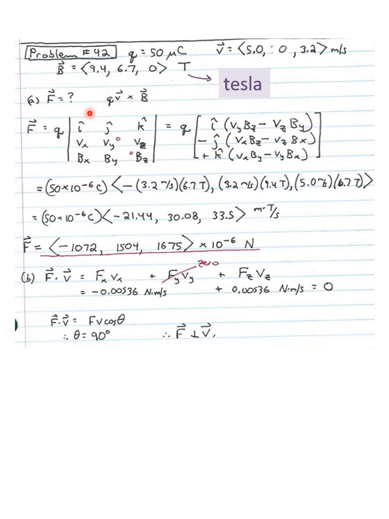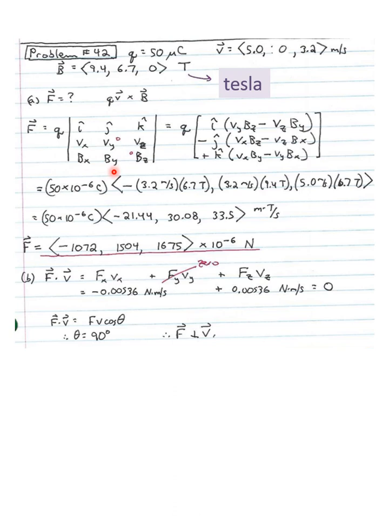So what is the force? Well, the force vector is Q V cross B. So we're going to use the matrix method. So we list out all the components here, i hat, j hat, k hat, the XYZ components of V, and the XYZ components of B. Then we take the determinant of that matrix, and it's going to be i hat, and here I haven't taken care of the zeros, although I've written them in purple right there.